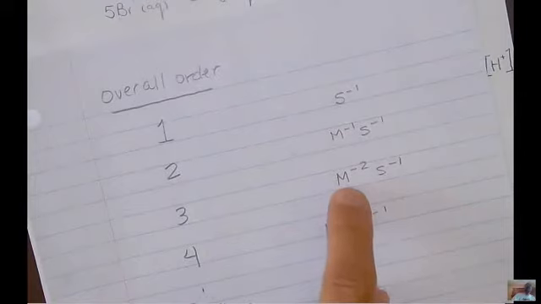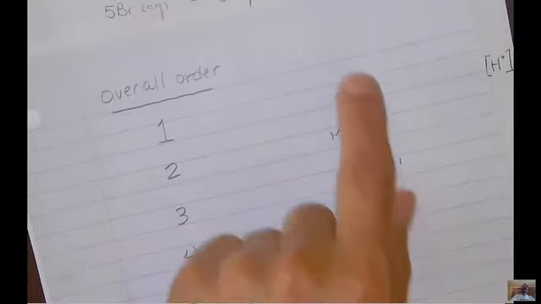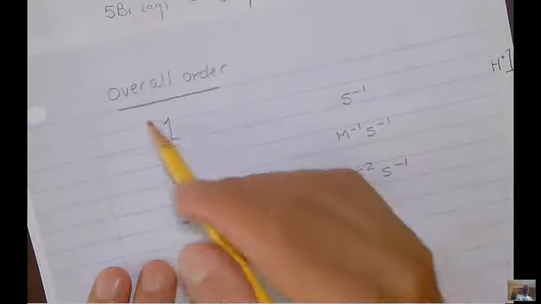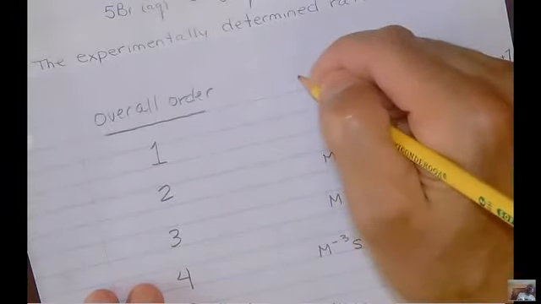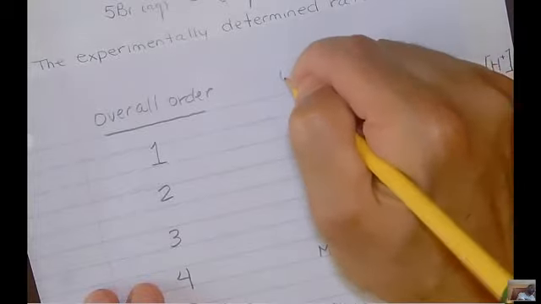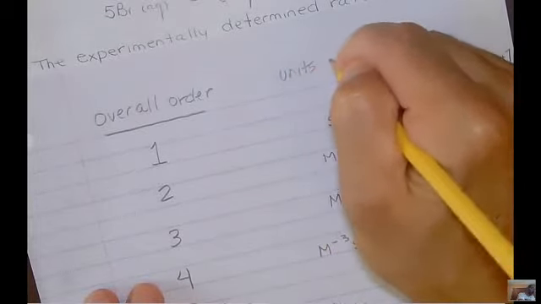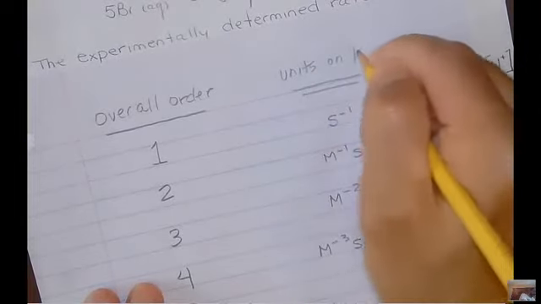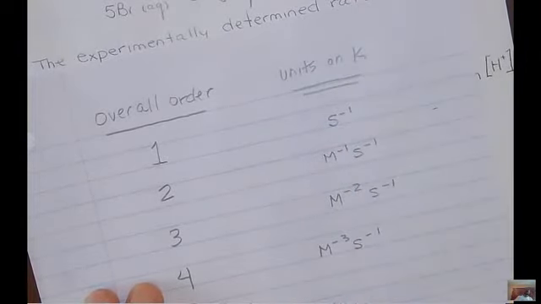Why? Because you need 2 of the 3 molarities to cancel so that the rate comes out to molarity per second. Rate is always going to be molarity per second. So this is overall order. And then this is going to be the units on K. What is K? The rate constant. Okay?